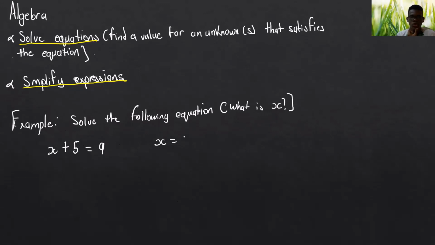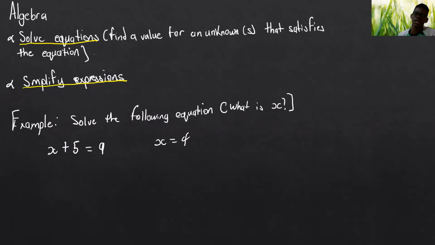There are actually two ways you can know this. You can use your maths, or you can use your common sense. If I ask you, some unknown value plus 5 is going to give you 9, what unknown value plus 5 will give me 9?